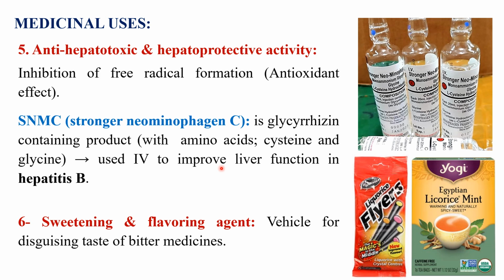Also, because of the sweet taste of glycyrrhizin, licorice can be used as a sweetening or flavoring agent to mask the taste of bitter medicines. Or in infant formula, we have a herbal formula to relieve colic for infants using fennel, anise and dill oils or seed extract.